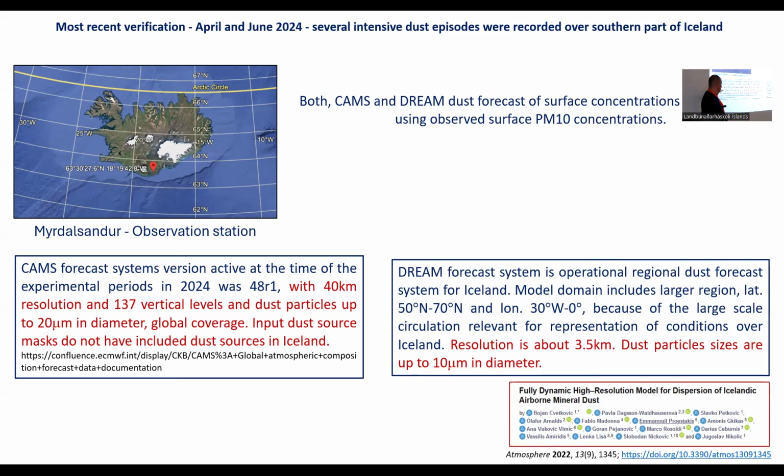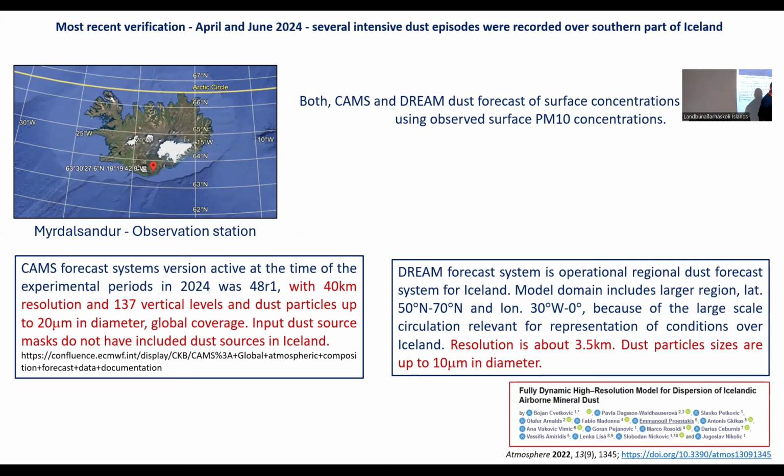The CAMS model has 40 kilometer resolution and does not include local dust sources. So basically everything that comes to Iceland is transported from somewhere; it's not lifted in Iceland. They do not have those sources there, nor in most of the Arctic region.